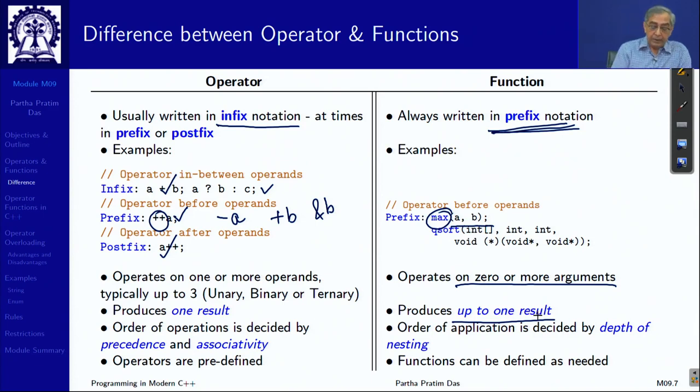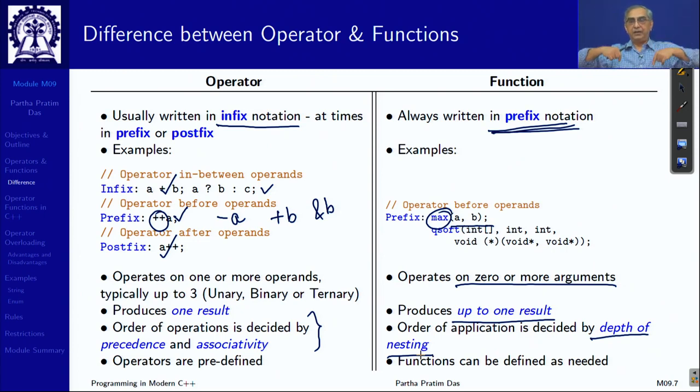In operators, when I write an expression, the order of application of the operators is based on precedence and associativity. We all know that, BODMAS rule and so on. But in functions, it is the depth of nesting. The innermost function is called first, then the next layer, then the next layer.